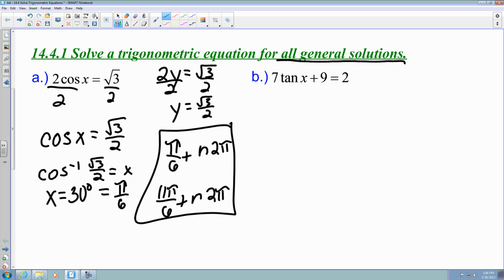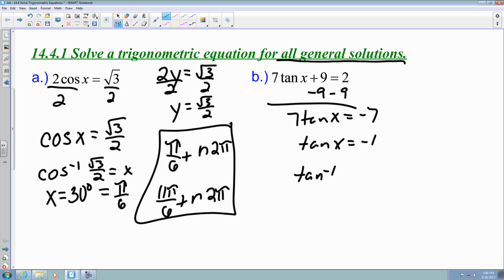I'm going to do the exact same thing, so I'm going to subtract 9 from both sides, just like tangent x was a variable. That leaves me with 7 tan x equals negative 7. If I divide both sides by 7, I get tan x equals negative 1. If I find the inverse tangent of negative 1 here, that's going to equal, in degrees, negative 45.